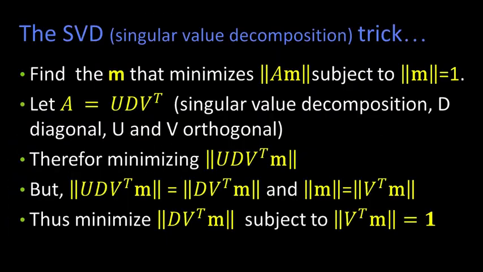So that means instead of minimizing U D V transpose M, we can just minimize D V transpose M, subject to, instead of the magnitude of M equals 1, the magnitude of V transpose M equals 1. Got it? Now you might ask, why are we doing that transformation? Here's why. It's going to let us do some very cool substitution.